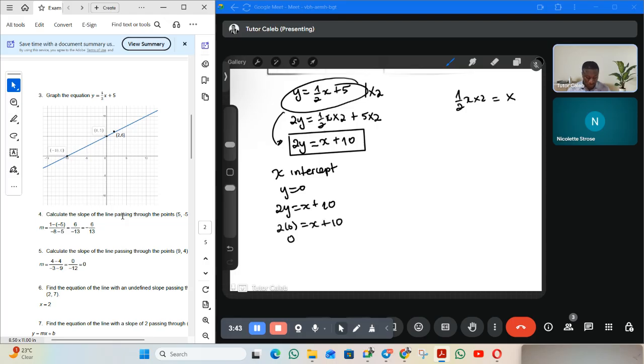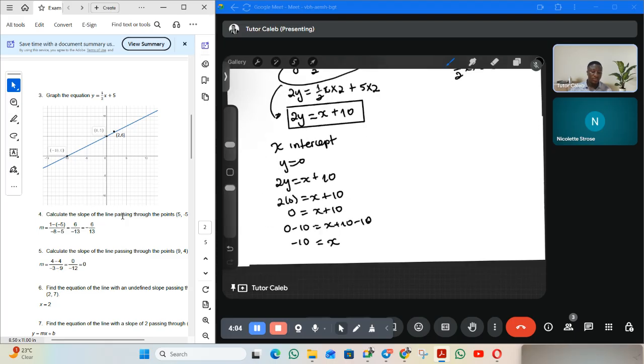This will give me 0 equals x plus 10. So I have to subtract 10 on both sides. I'll have 0 minus 10 equals x plus 10 minus 10. 0 minus 10 will give you minus 10 equals x, because 10 minus 10 is 0. So that means that x equals minus 10.